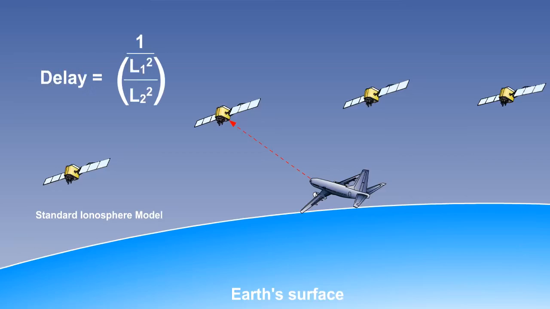The ionospheric delay is inversely proportional to the square of the frequencies used by the satellite. As two different frequencies will experience different delays, by measuring the difference in the arrival time of the two signals, it is possible to deduce the total delay experienced, hence minimizing the error. The error for single-frequency operations is 5 meters.